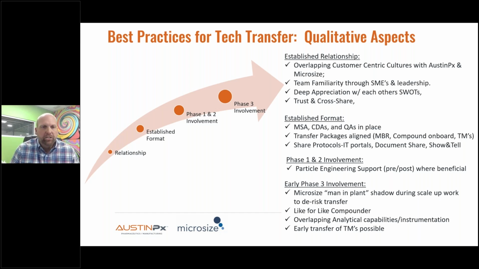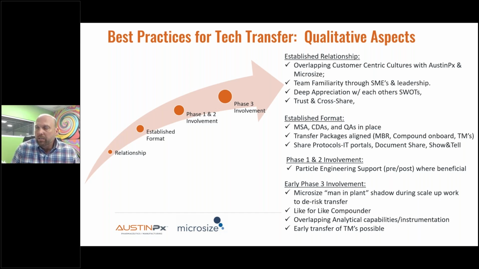The transfer packages of the compounding into Microsize for GMP commercial production are aligned in terms of batch record format, what we need for a compound onboarding, the test method transfer, all of that's been ironed out. So not every project needs to restart from ground zero.